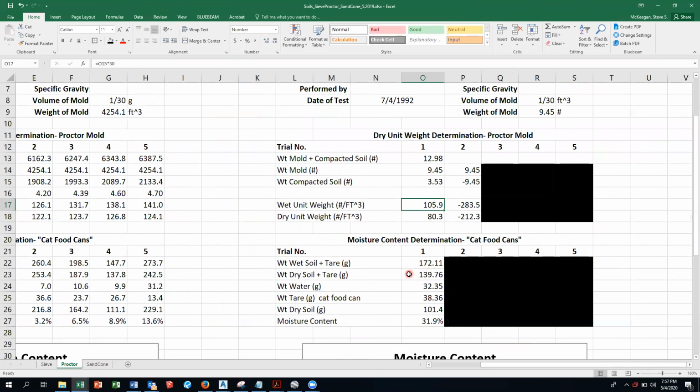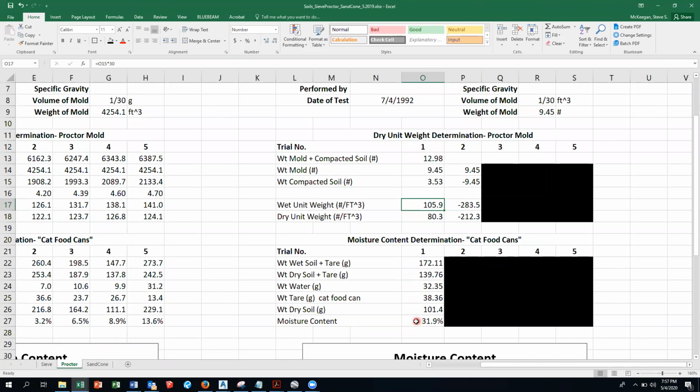So the difference between the dry soil after shake and bake in the oven and what it weighed wet is the weight of the water. Okay? And the weight of the water divided by the weight of the dry soil, the weight of the dry soil is the weight of the dry soil plus the cat food can minus the weight of the cat food can.